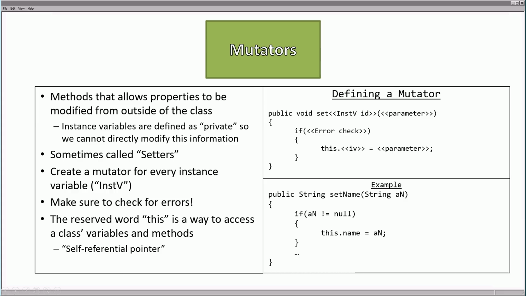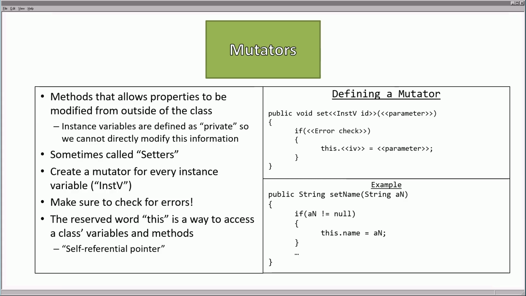Now, just like accessors, mutators have a very simple formula. They all start with public, followed by void. We're not returning information, we're modifying information. This is followed by set and then the instance variable ID. For every one of the mutators, we do need parameters because we are modifying the data.